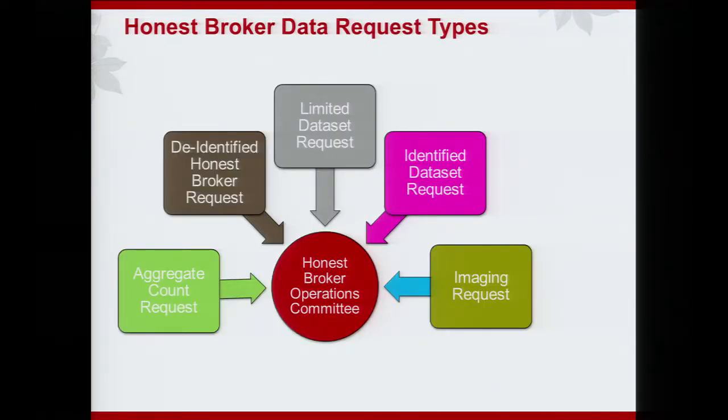So the honest broker is a protocol to the IRB that tells the IRB exactly how we vet and we work with our researchers to deliver data. Because just because you have an IRB does not mean the medical center also agrees that you can have that data. The IRB often approves things that the medical center puts certain restrictions around.